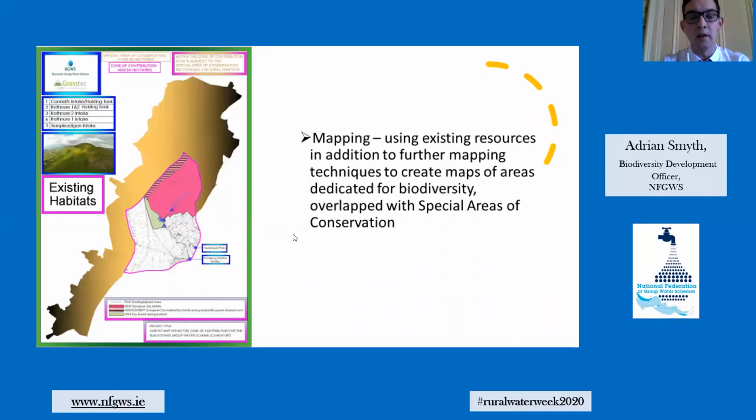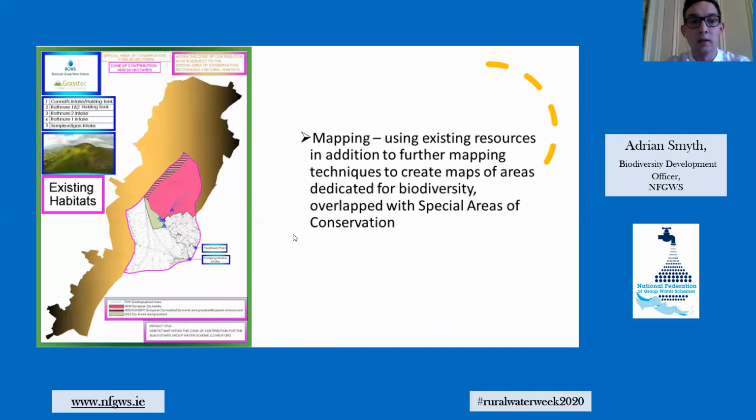So mapping. The mapping on this slide was carried out in Blackstairs Group Water Scheme in Wexford. It's a very, very interesting piece of mapping. It took the scheme's original zone of contribution report and overlaid it onto other mapping structures such as your special area of conservation.